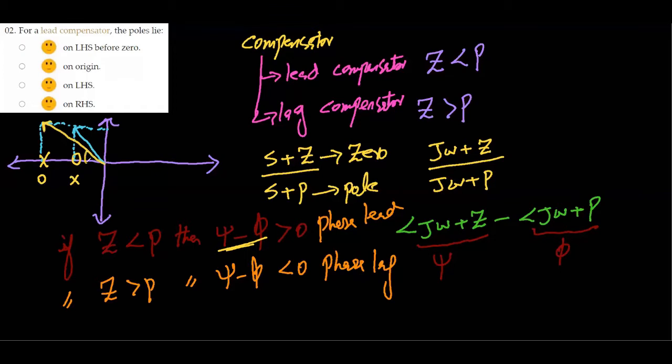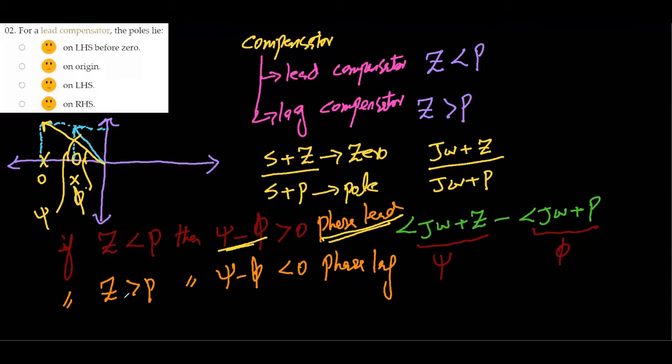So this angle is your phi, and this angle is your psi. Okay, so this will be psi minus phi greater than 0. As you see, this angle is greater than this angle, so it will be greater than 0, or zero is less than pole. Then you can call it a phase lead or lead compensator.